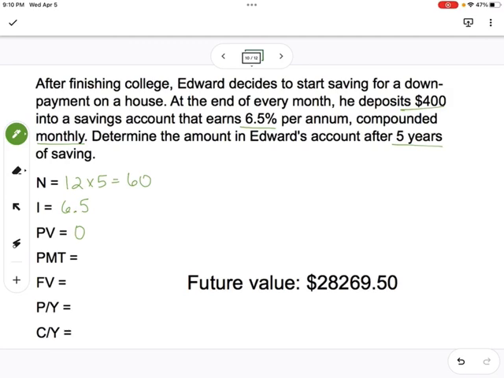Remember, for this value it needs to be negative, so we're going to put negative 400. The future value is what we want to find, so that's going to be left blank. That's what we're going to hit solve for. Our payments per year and our compounding periods per year are monthly, so these are both the number 12.